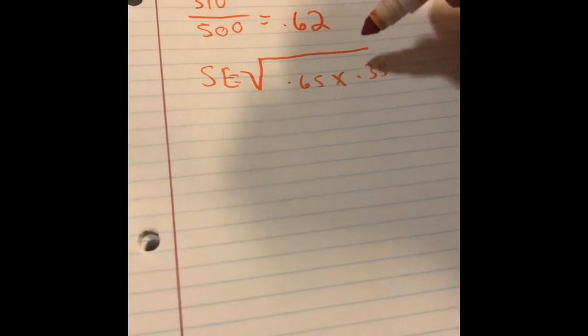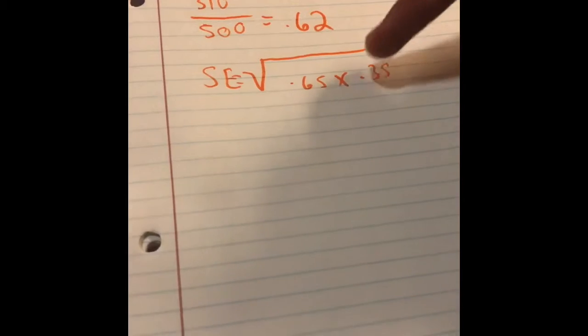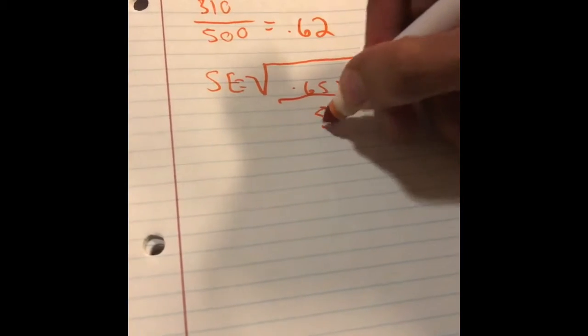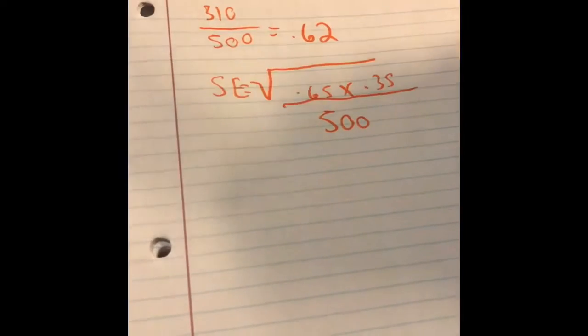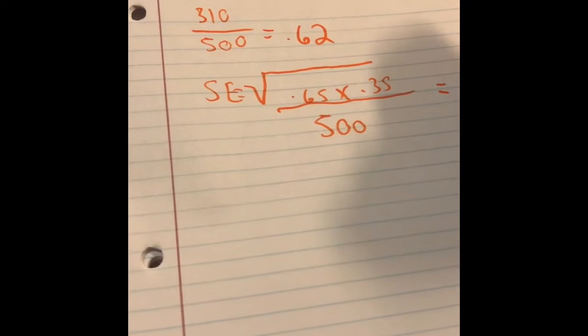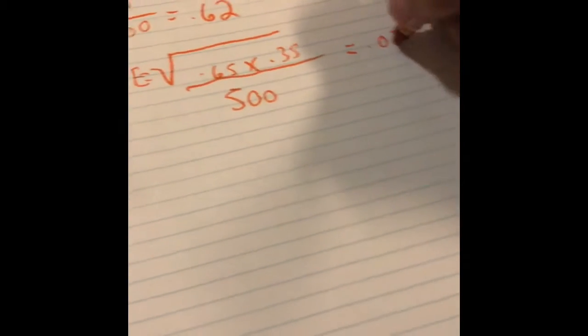And where we get this from is we subtract 0.65 from 1 and we get 0.35. And now let's put that over 500, which was the total number of students. We put that into our calculator, and we get 0.0213. And so that's what we get right now.